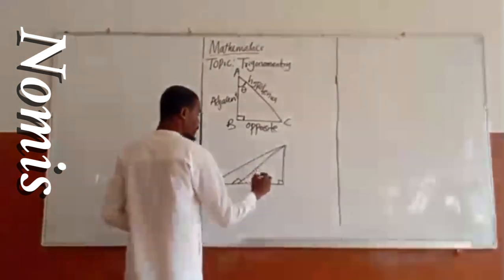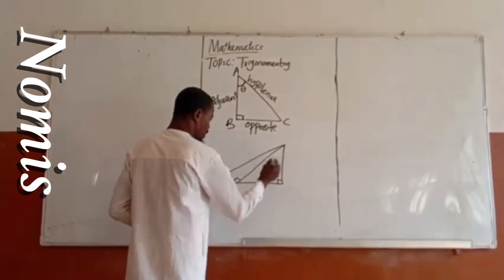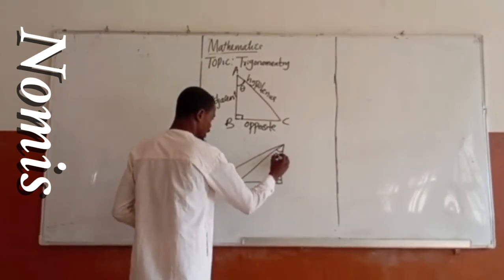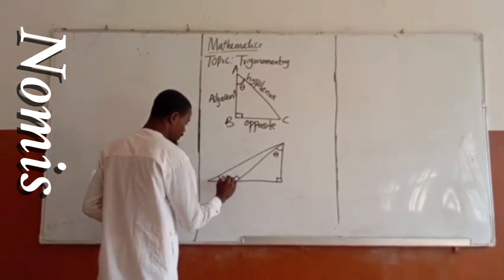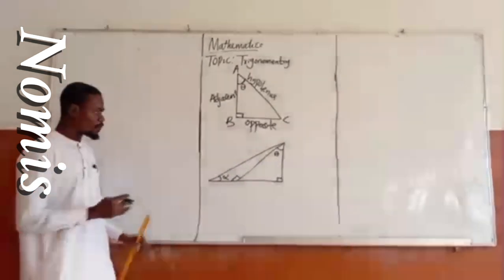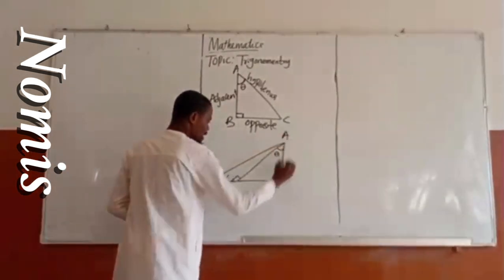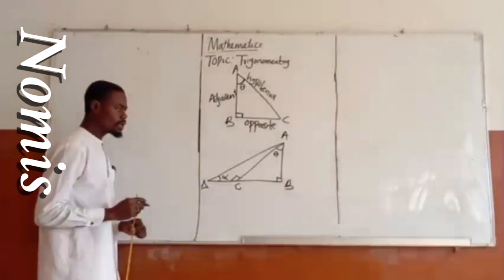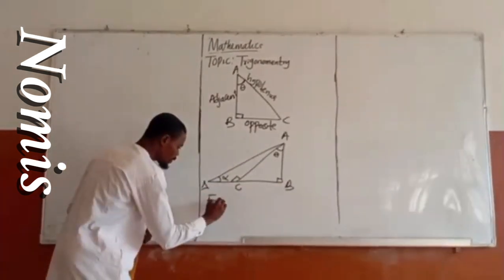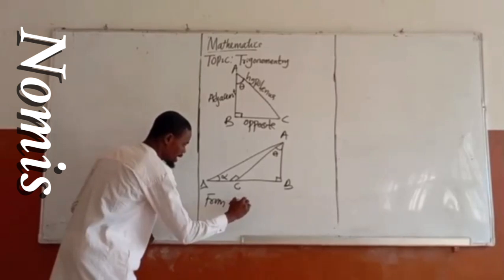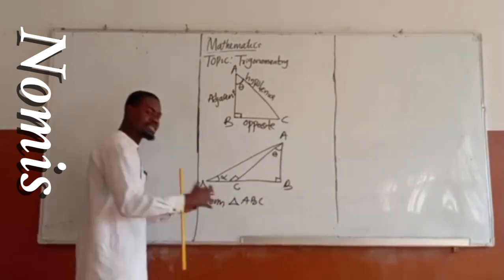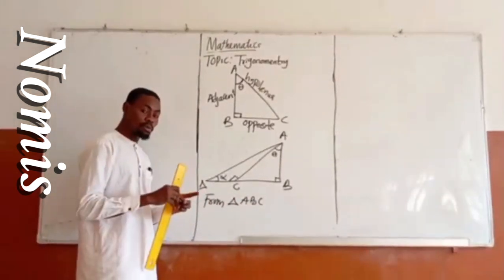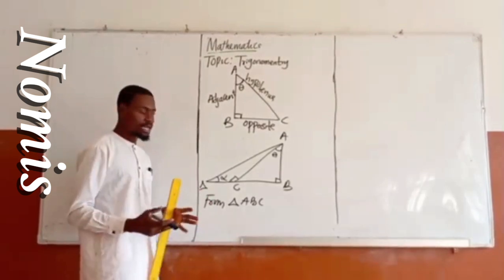Now, if you want to consider this angle, actually here there is theta, and here we have alpha. Let's say I label this angle as A, B, C, and D. From triangle ABC, let us identify opposite, hypotenuse, and adjacent together.